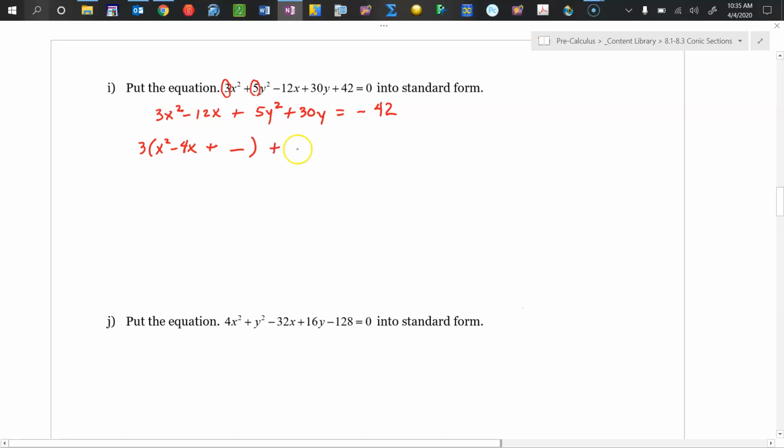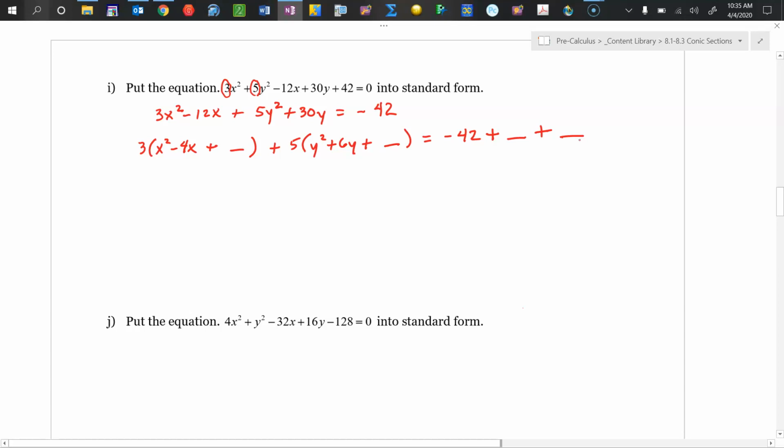We're going to do the same thing for y, so 5 times y squared plus 6y plus whatever we're going to put in to complete the square is equal to negative 42, and whatever we put in to complete the square for x and for y, we're also going to have to add to the other side.